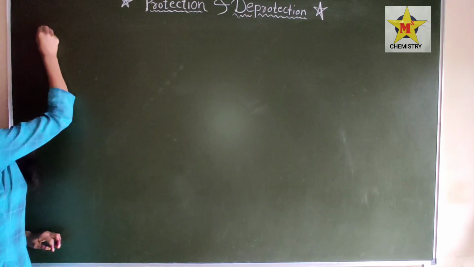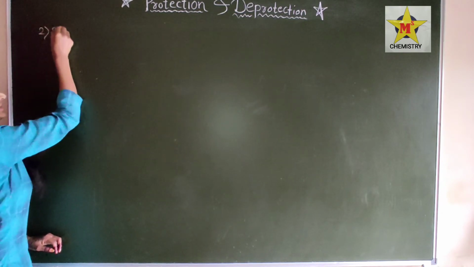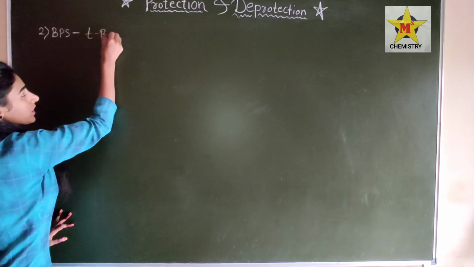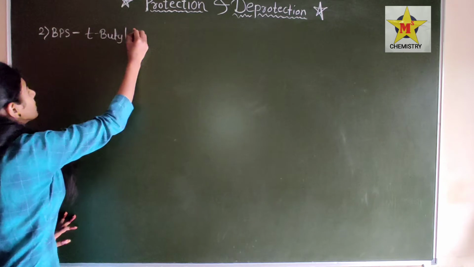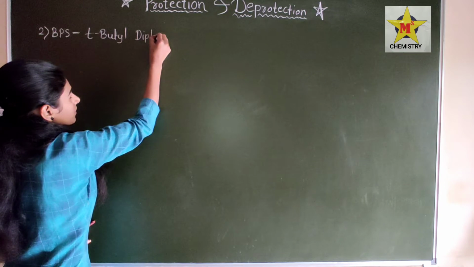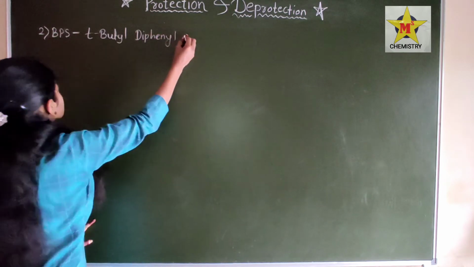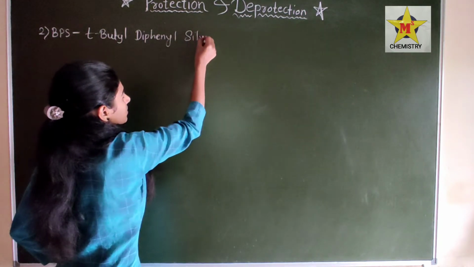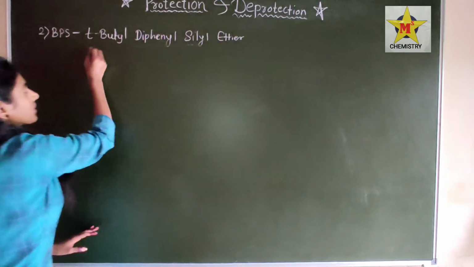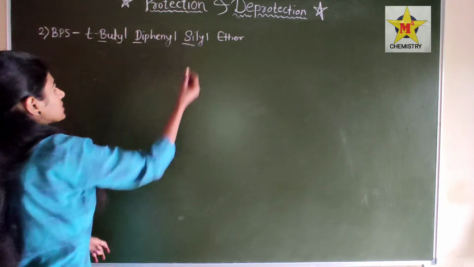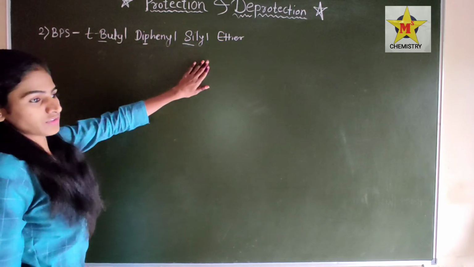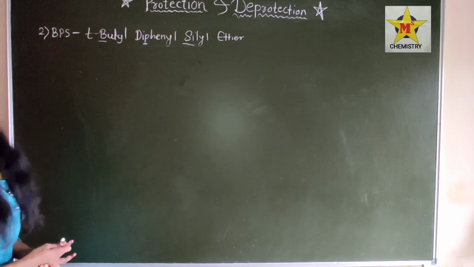Now the second one is the BPS protecting group, that is tertiary butyl diphenyl silyl ether. That's why it is called the BPS protecting group.